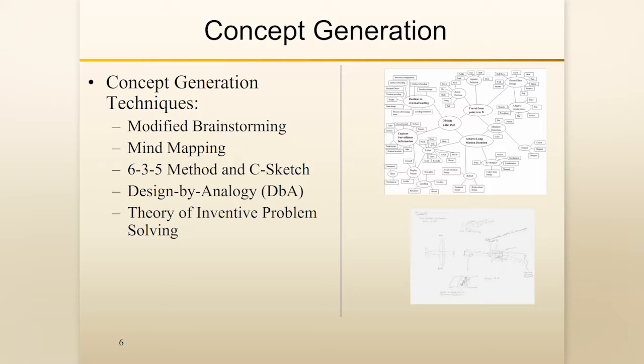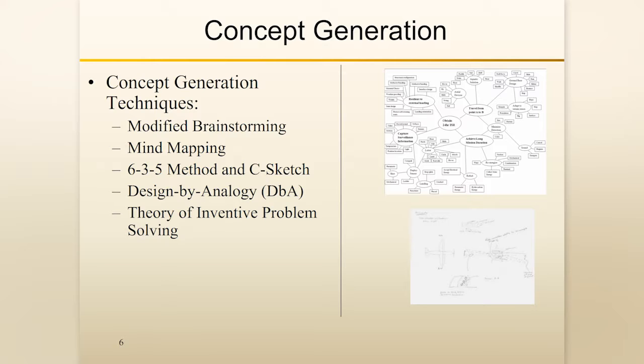The bottom right figure represents the results perhaps of a C-sketch session. C-sketch is a different kind of concept generation from techniques like brainstorming and mind mapping because the main mode of communication is graphical rather than verbal.